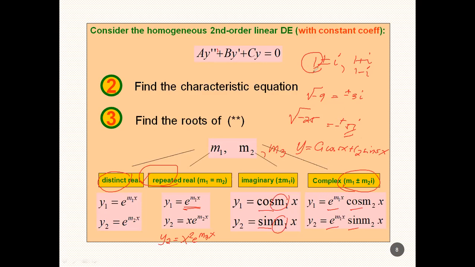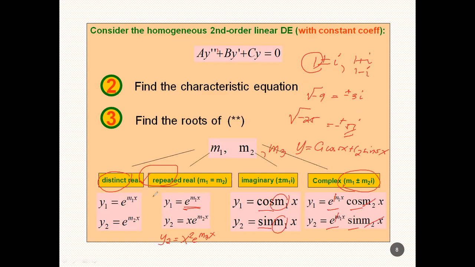So if this is 1, in this case 1, then this should be 1. Since it's plus minus i, the argument of the cosine and the sine function should also be 1. So this should be cosine of x and sine of x. It's understood that the coefficient of the x is 1.